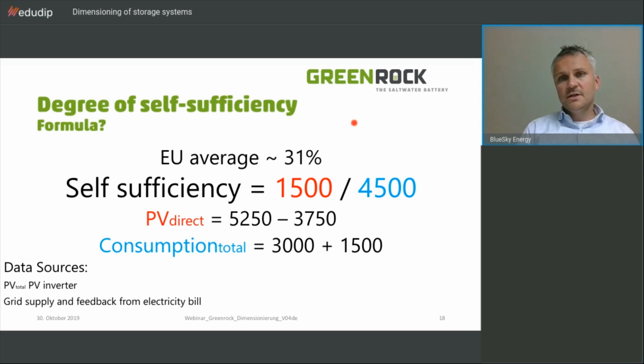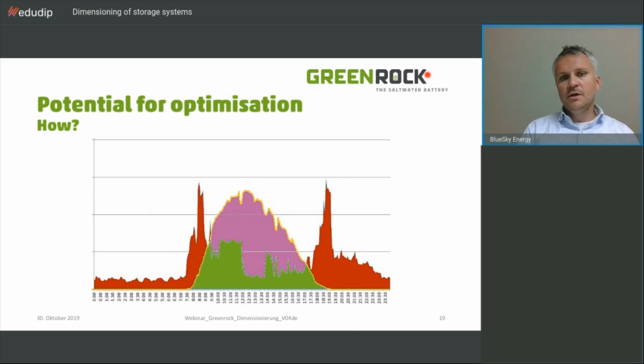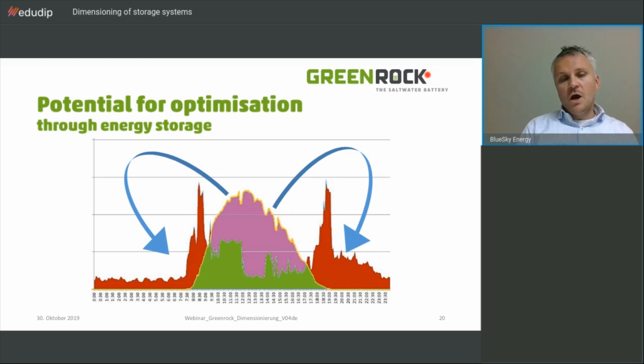And our goal is then, of course, to understand how we can improve that situation and how we can do that. Of course, we can add storage. That is our business, our core business over here. And the second part would be using other tools, which I will outline shortly. So our goal is, on the one hand, to bring that excess purple area either in front of it or in the back of it.